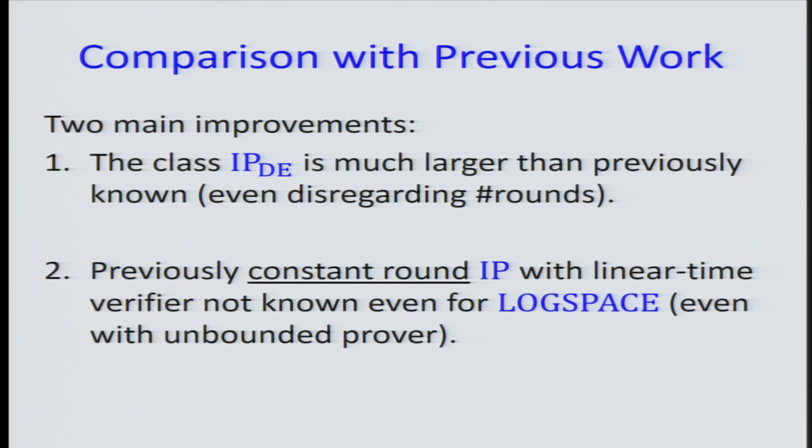Also, you mentioned that you get a public coin. Is it an issue? So there are general transformations from private coin to public coin, but this transformation transforms an efficient prover to an inefficient prover.